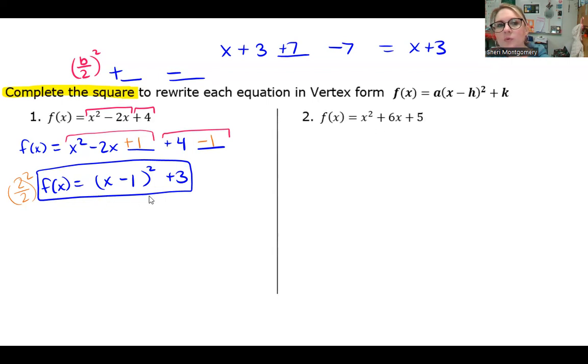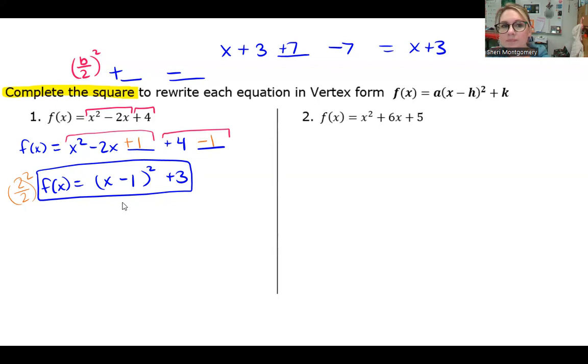So for this problem, what is A equal to? This is the form. Where's the A? It's right here. It's whatever is in front of the parentheses. Nothing's there, so it's a 1. So A is 1.